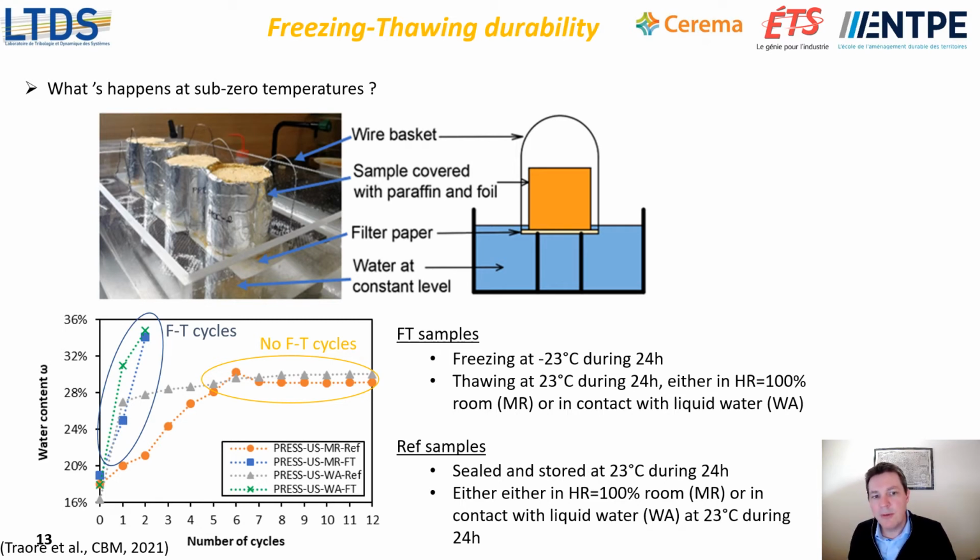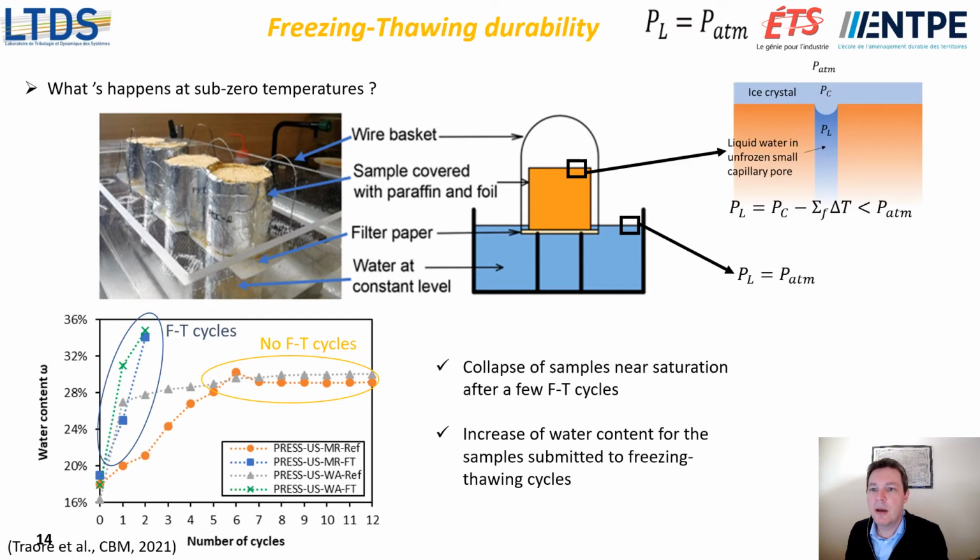On the other side, for the samples submitted to freezing-thawing cycles, we can see that the increase of water content is much more important, and that damage and crushing of the sample occurs after only 2 cycles of relative humidity. This phenomenon can be explained by the cryosuction effect.